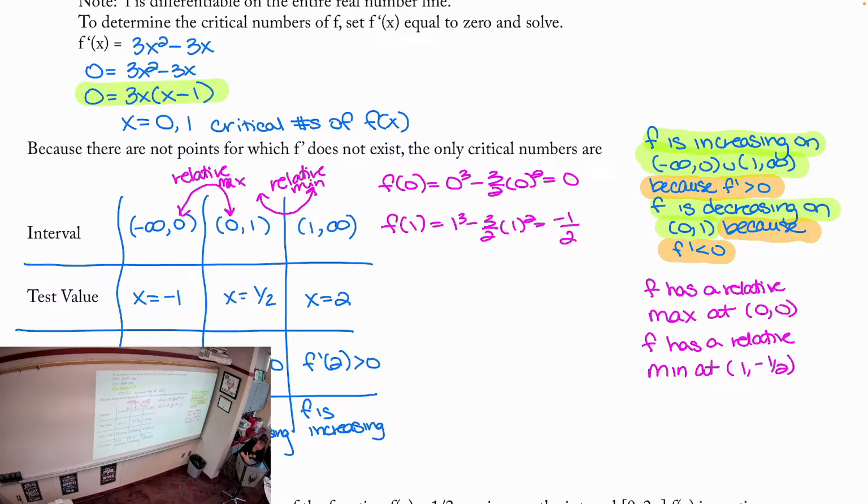Good question. So if I have to justify my answer for the relative max, it would be because f changes from increasing to decreasing. And you can do it a variety of ways. You could have said because f prime goes from bigger than 0 to less than 0. But what I'm going to try to do is be a little lazy with my justification.